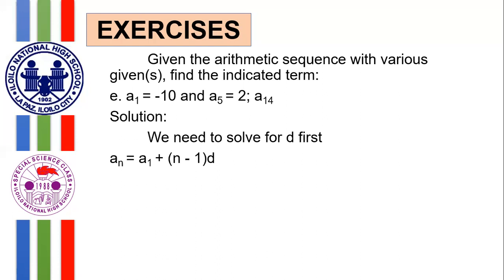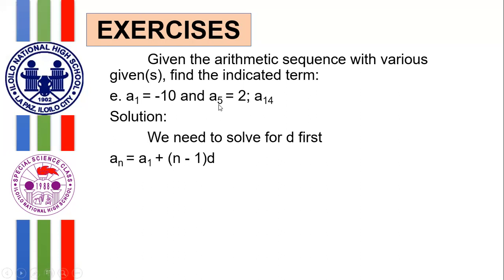So for this case, we need to solve for D first. And still, the formula a sub n equals a sub 1 plus n minus 1 times D will be very useful. Now, remember we are given a sub 5 equals 2. In a sub 5 equals 2, you see that the subscript of a is 5.